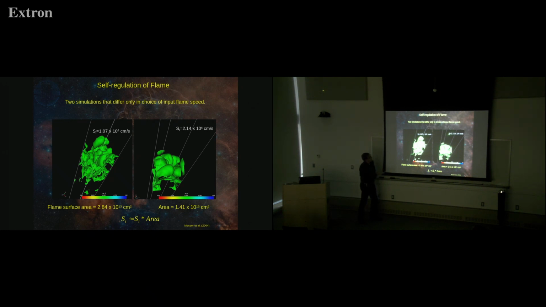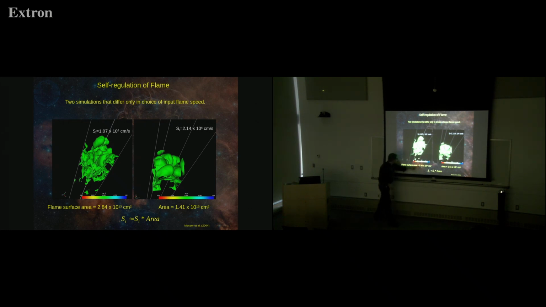And in this case, it's 2 × 10⁶ centimeters per second. And what happens is, if it's slower, relatively speaking, you've got more time for that instability to grow, so you get a larger surface area. If it's faster, you burn away the small scale structure, that's fire polishing, so you don't get as much area.